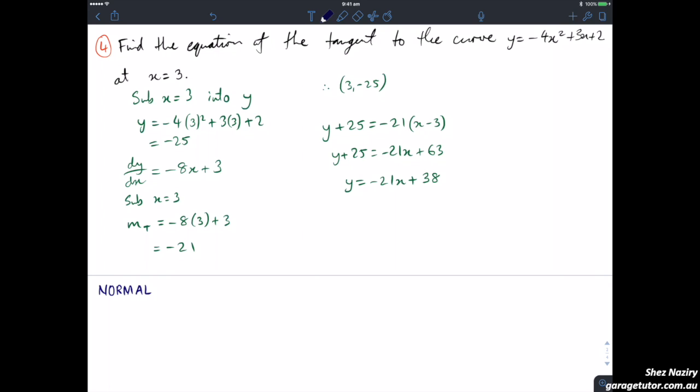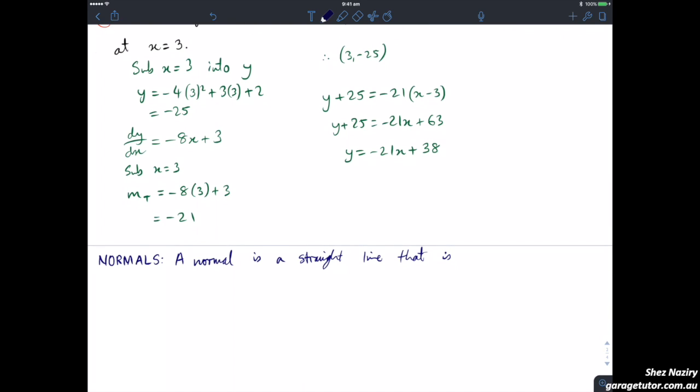Okay, so now normals. Guys, pay attention to what I'm about to define the normal as. A normal is a straight line that is perpendicular to the tangent at a given point.